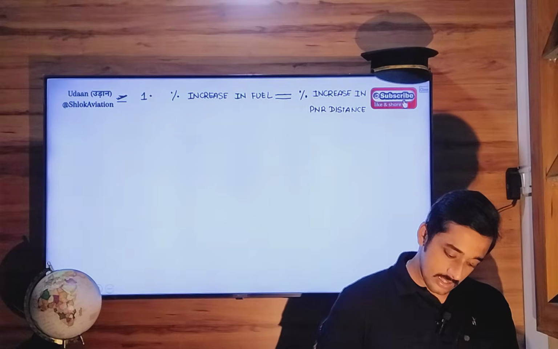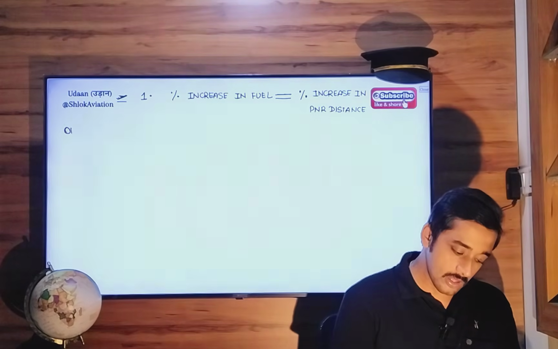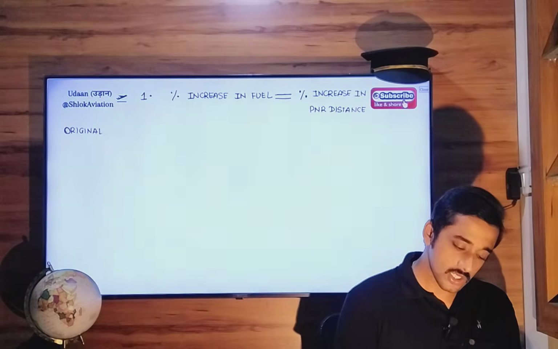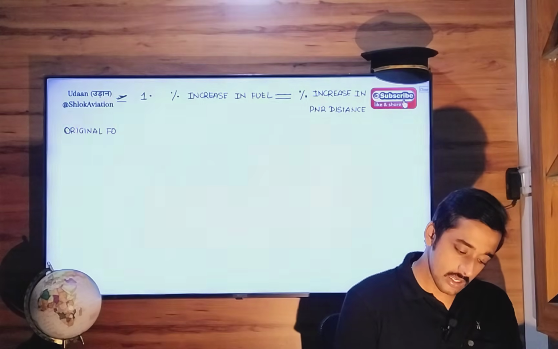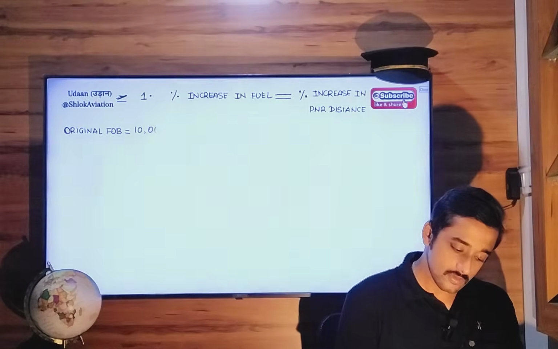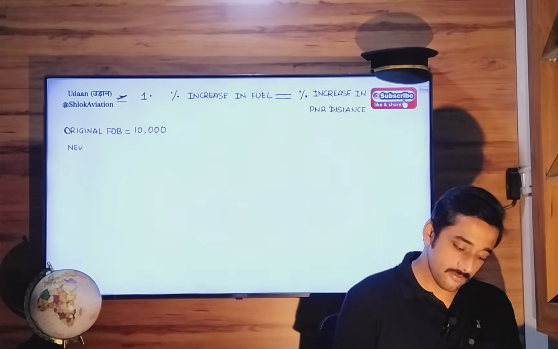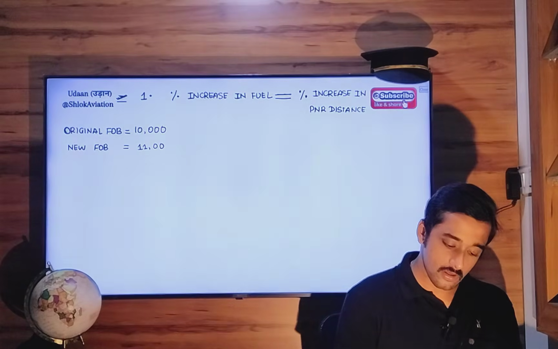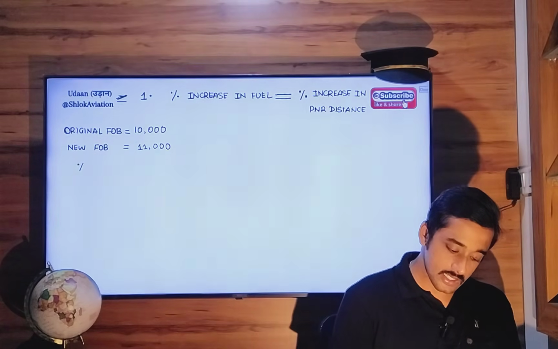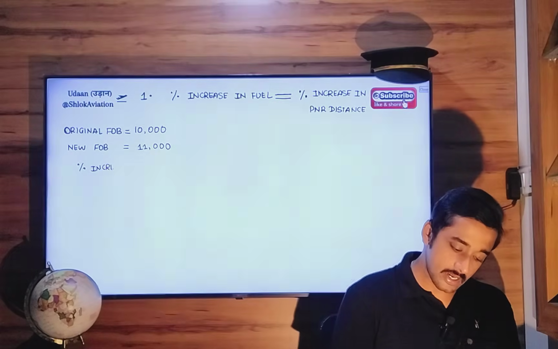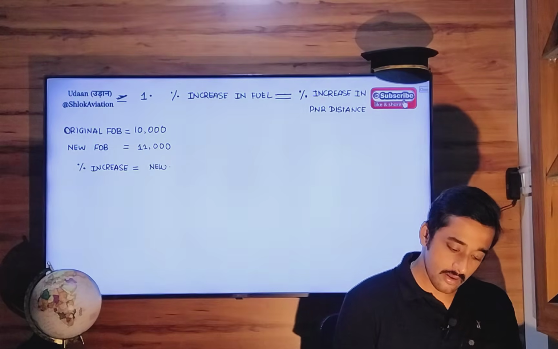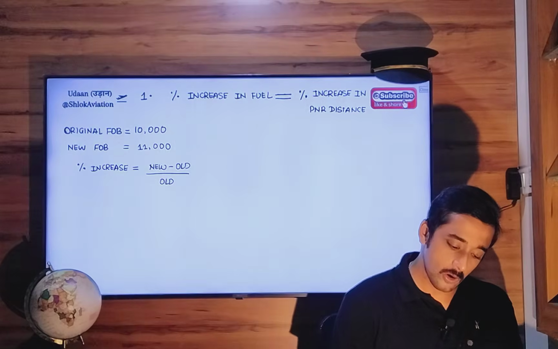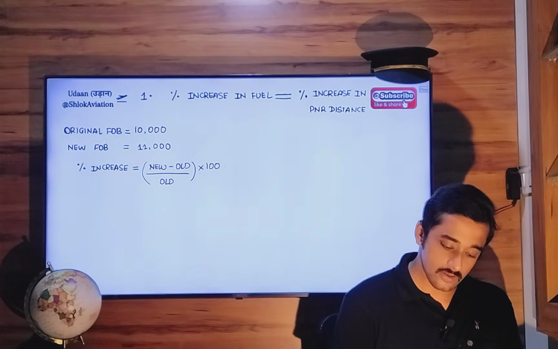So let's solve this now. Original or initial fuel on board 10,000. New or final fuel on board 11,000. So percentage increase is equal to new fuel on board minus old fuel on board divided by old fuel on board multiplied by 100.